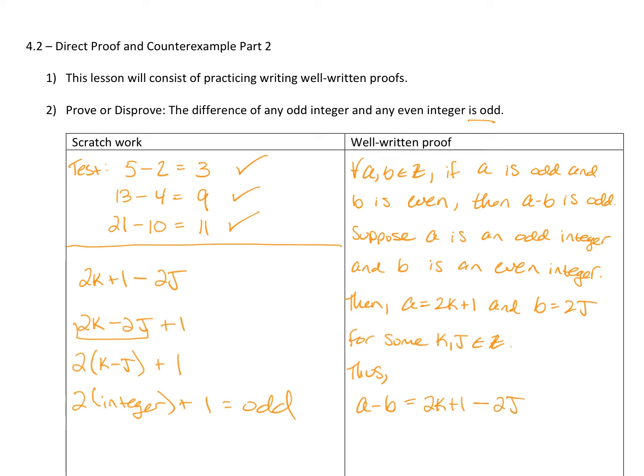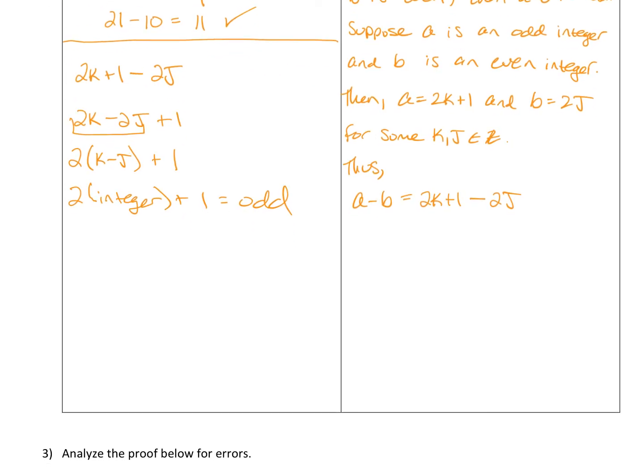And then this is where the scratch work comes in, right? We've already done this bit, so I can just write out most of this. 2k minus 2j plus 1, which is 2 times (k minus j), plus 1.